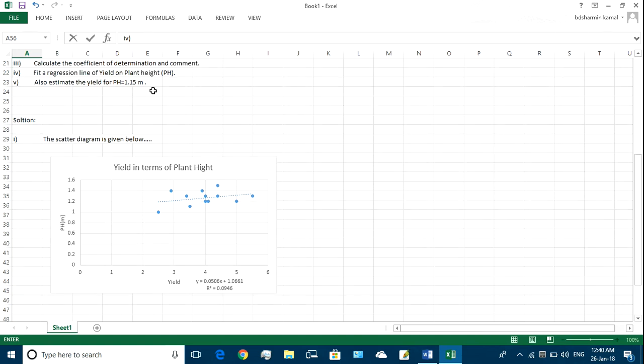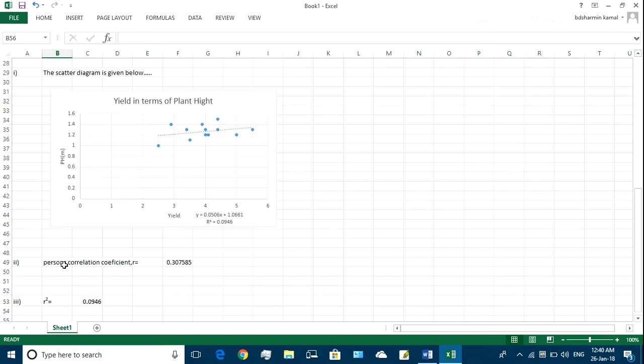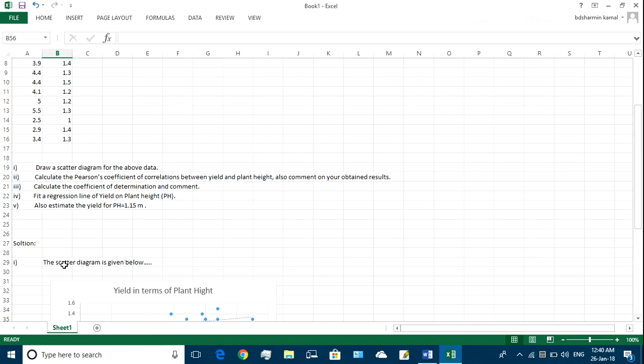But to fit a regression line of yield on plant height, yield should be represented in the y-axis, right? So follow my previous video, or let me show you one more time how we can estimate it.